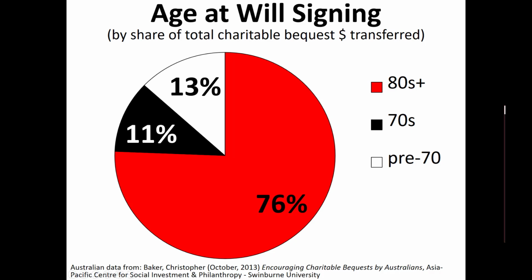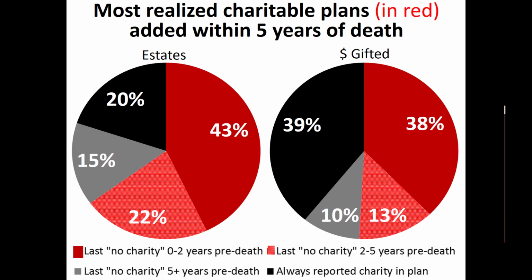However, from U.S. information, we do know that the final will documents signed at those oldest ages towards the end of life frequently contain dramatic changes to the charitable component. So this particular analysis looks at those in the Health and Retirement Study. Again, it's been going on for over a quarter century.